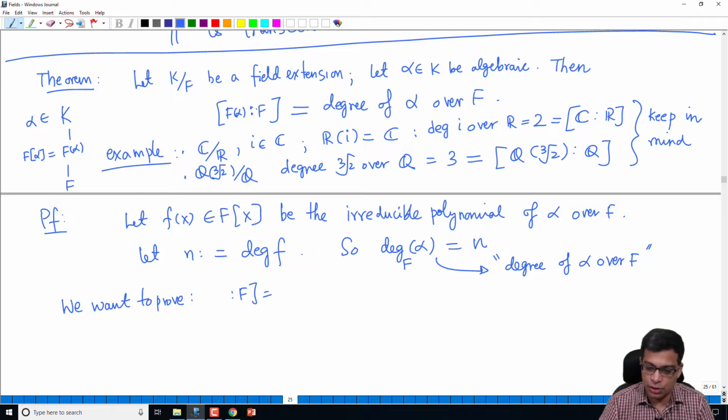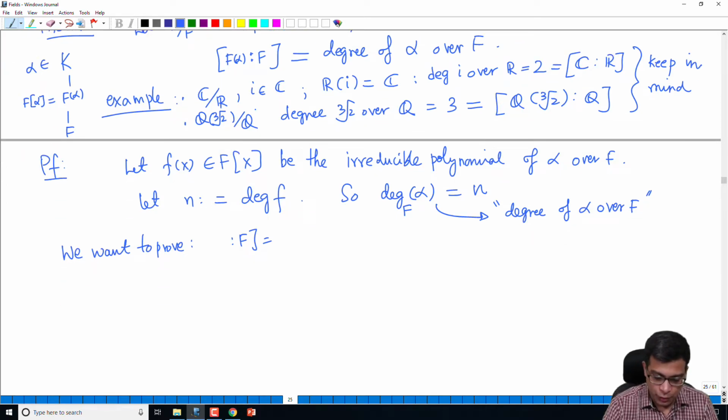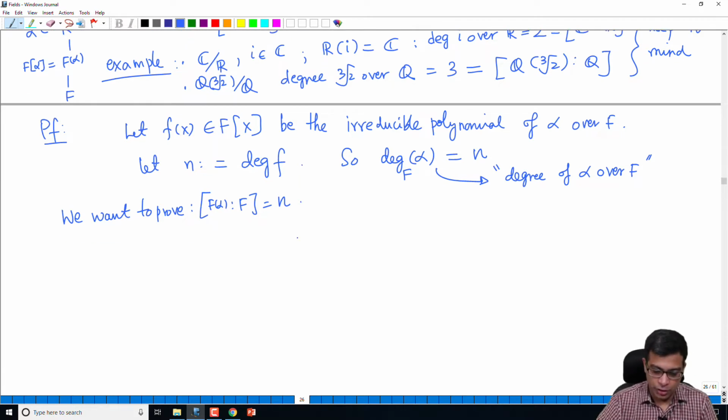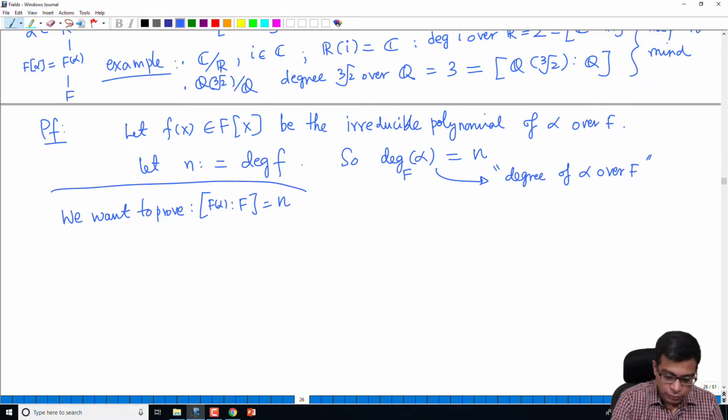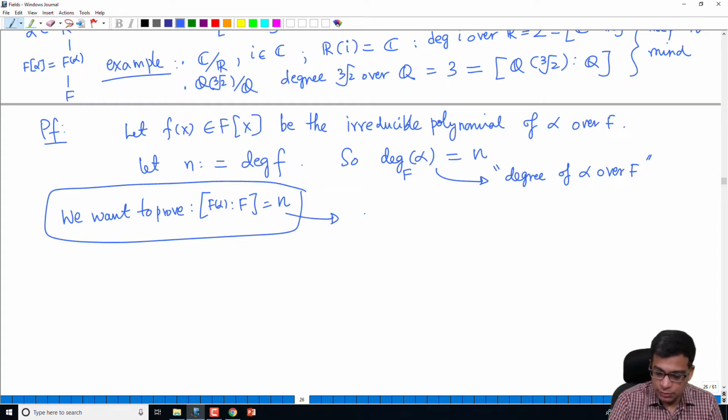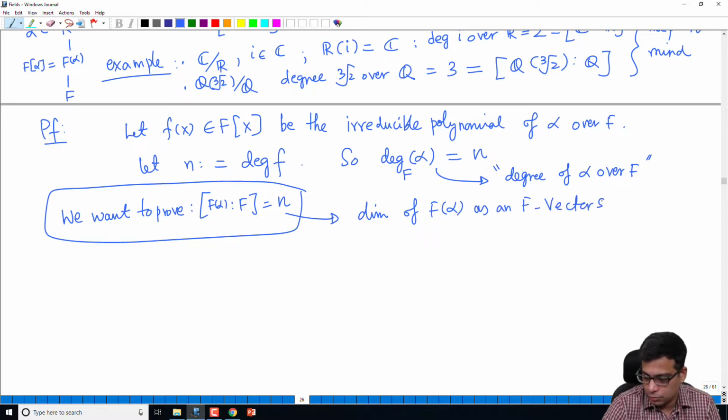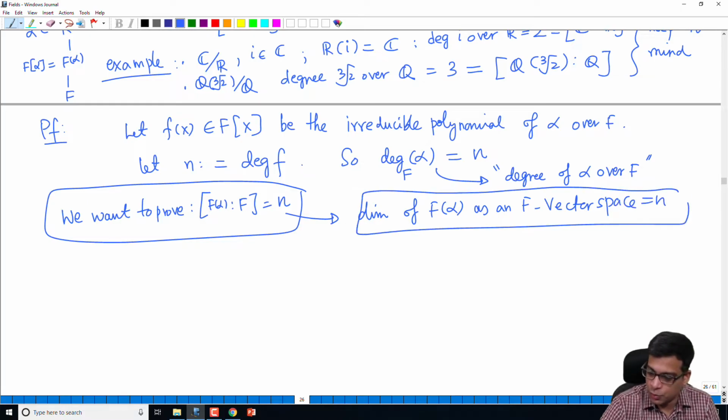So that was wrong, please correct that. So what we want to prove is the degree of the field extension F(alpha) over F is n. And remember, this means the dimension of F(alpha) as an F vector space is equal to n. That's, in other words, what we are supposed to prove.